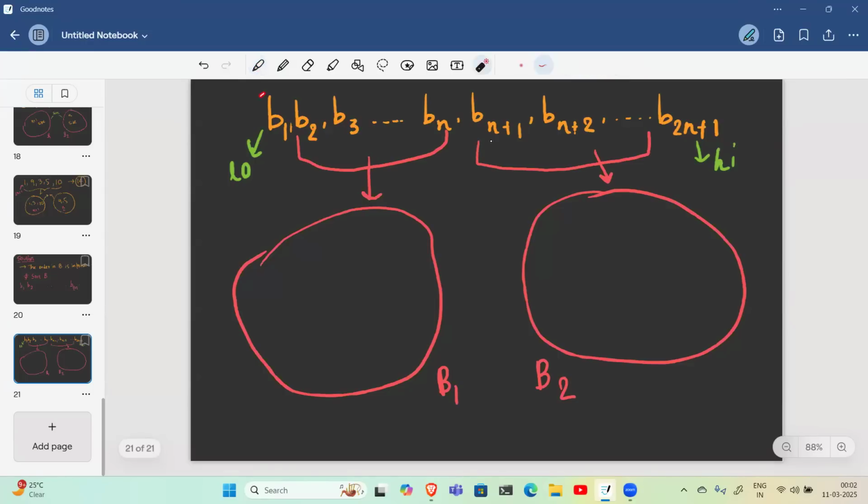Low and high I have not touched: b1 I have not touched, b2n plus 1 I have not touched. But all these numbers I've put in bag b1, and all these numbers I've put in bag b2. So now b1 contains the integers b2, b3, and it goes on till bn, and b2 contains the integers bn plus 1, bn plus 2, and it goes on till b2n. So what is the size of b1 and b2 till this moment?